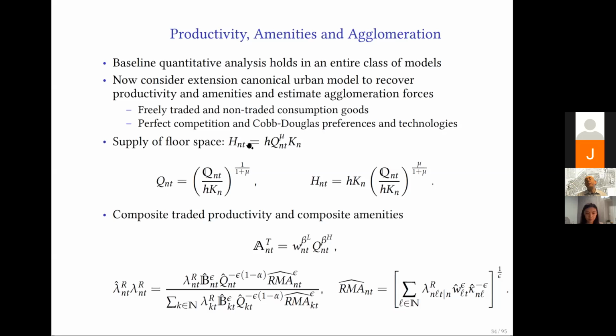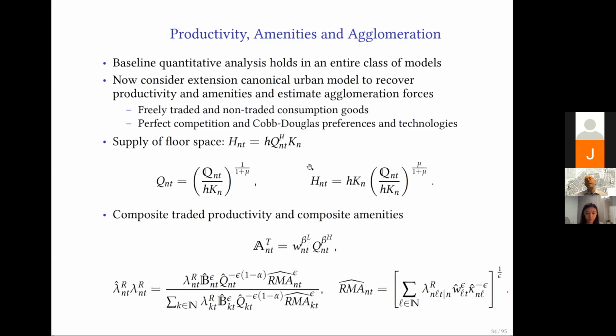Under this Saiz assumption that the supply of floor space is a constant elasticity function of the price of floor space, we can actually separate our rateable values into the price of floor space and the supply of floor space, and they're both just constant elasticity functions of rateable values per unit land area. So K here is the unit of land area. Another way of microfounding this is to have a construction sector that uses capital and land to produce buildings. That will also deliver this relationship. And so we use that assumption to separate the price and supply of floor space.